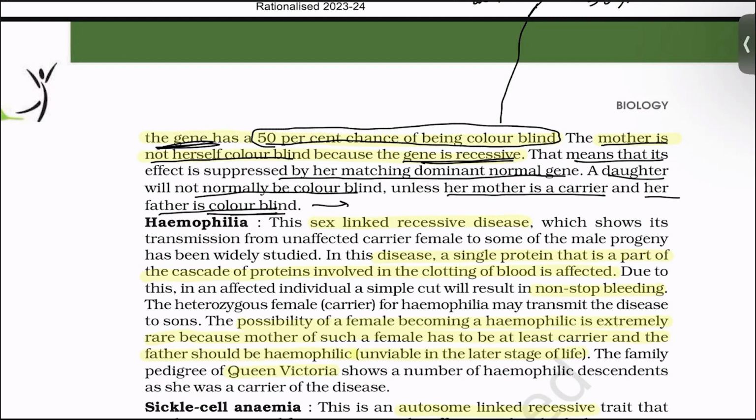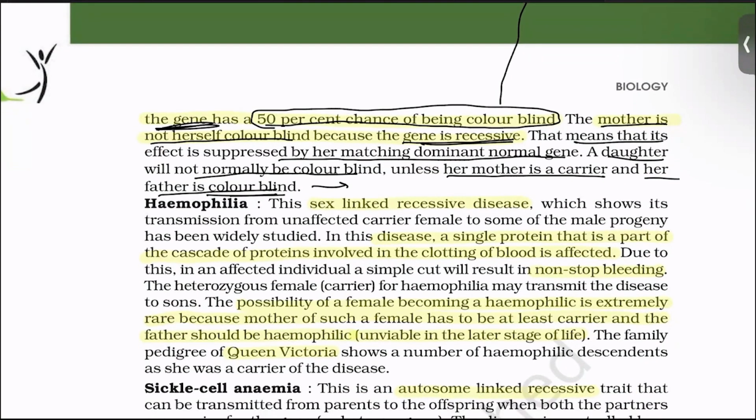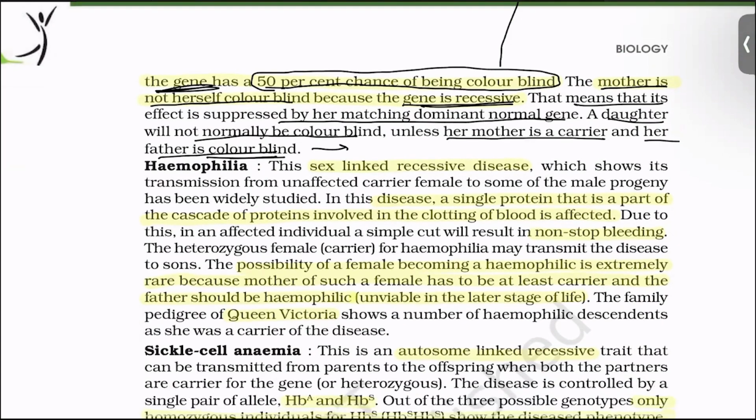So, as I said, for a female to be colorblind, both of the parents should have at least one affected X chromosome. That means the mother must be a carrier and the father must be colorblind.